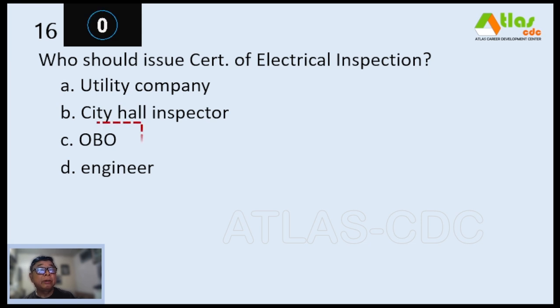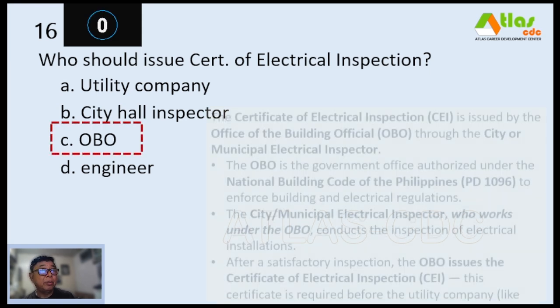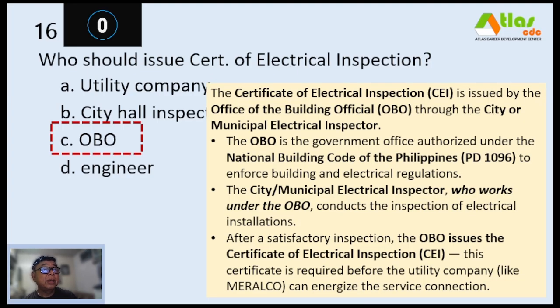And our correct answer is letter C, OBO. So the Certificate of Electrical Inspection, or CEI, is issued by the Office of the Building Official, or OBO, through the City or Municipal Electrical Inspector. The OBO is the government office authorized under the NBCP to enforce building and electrical regulations.